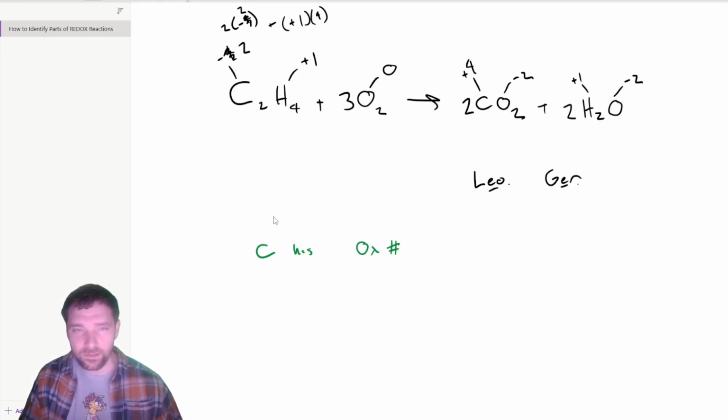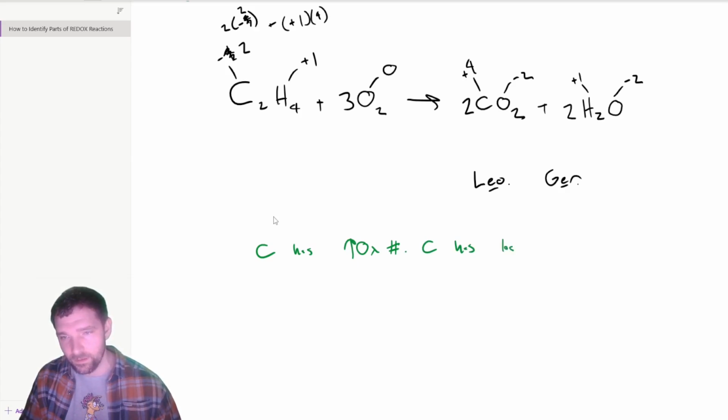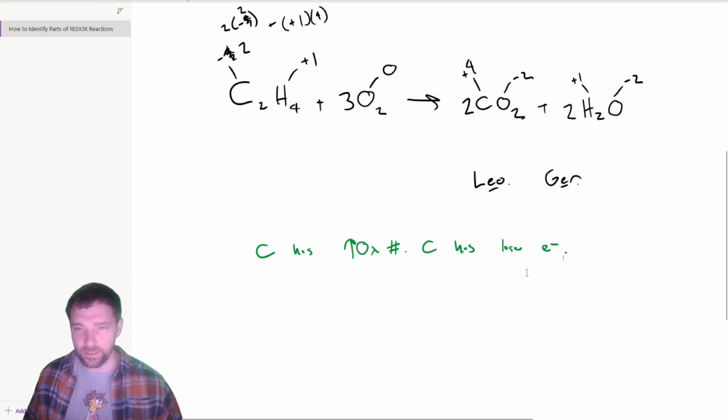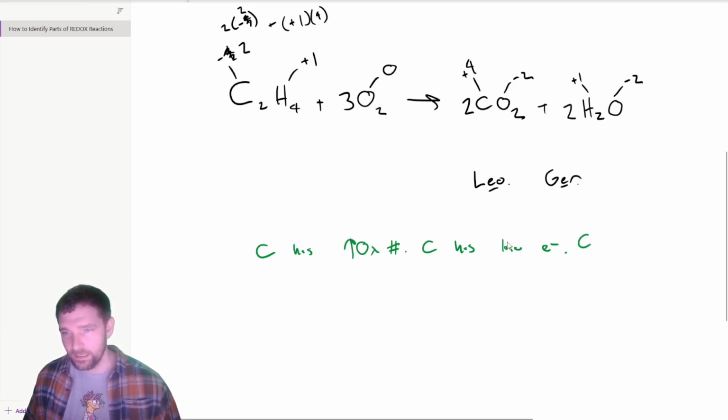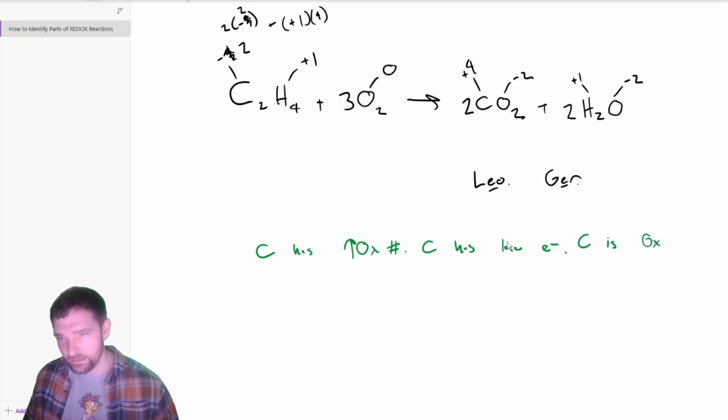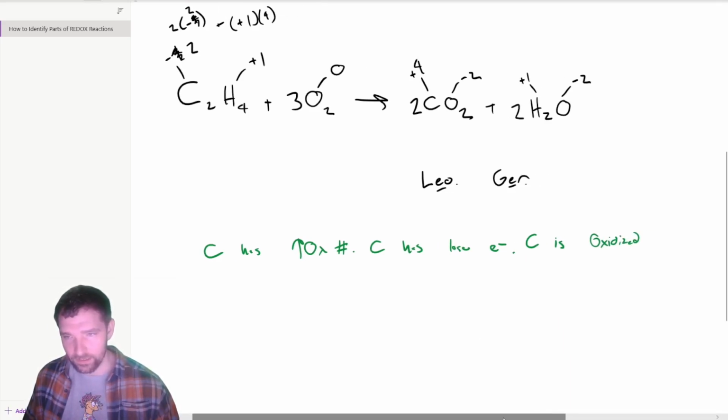Carbon looks like it's increased its oxidation number, so carbon has lost electrons. And if we're talking about LEO, loss of electrons, then that is oxidized, meaning it is the reducing agent.